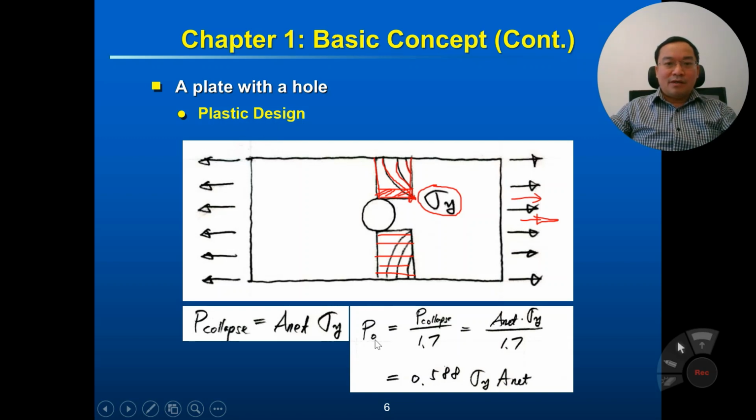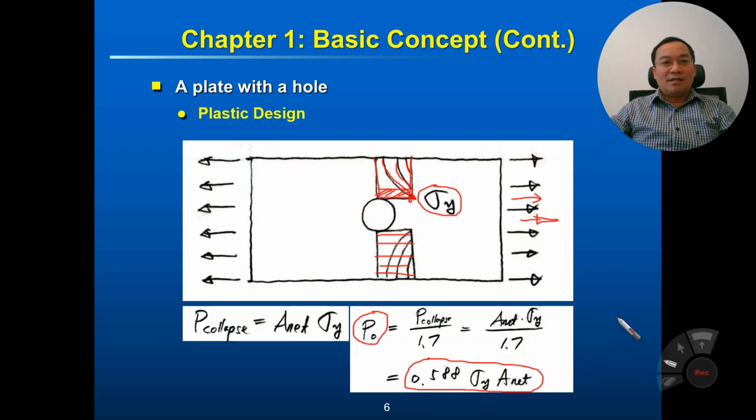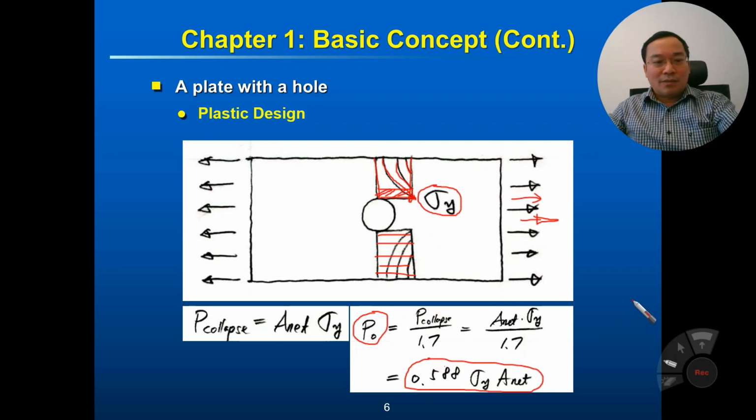So P0 here means plastic limit load, equal to P collapse divided by 1.7, or A net sigma y divided by 1.7, and finally we have 0.58 sigma y A net. That is the plastic limit load.